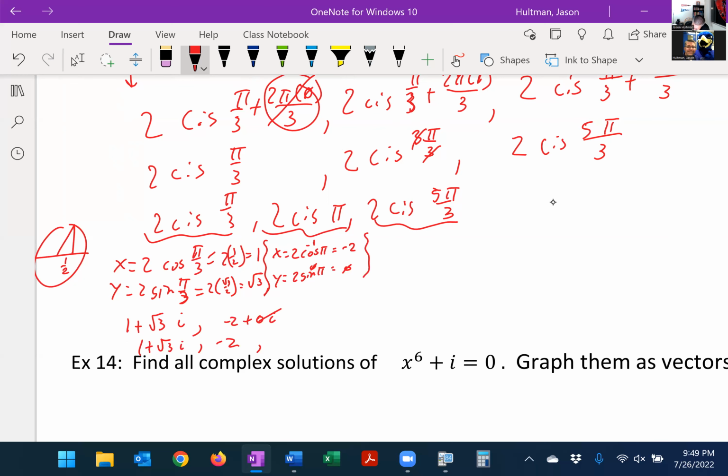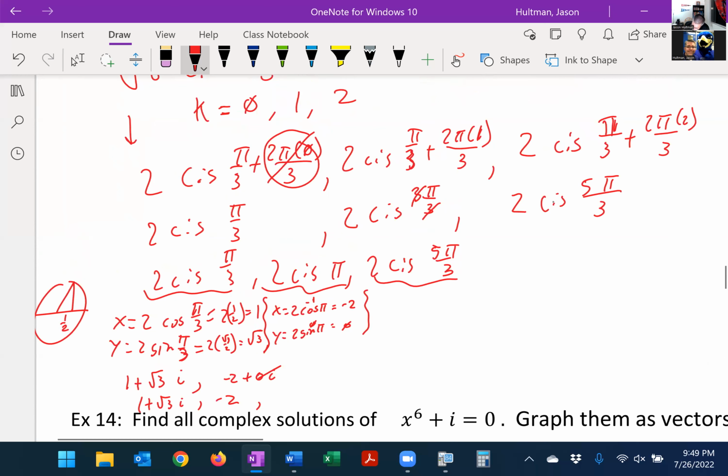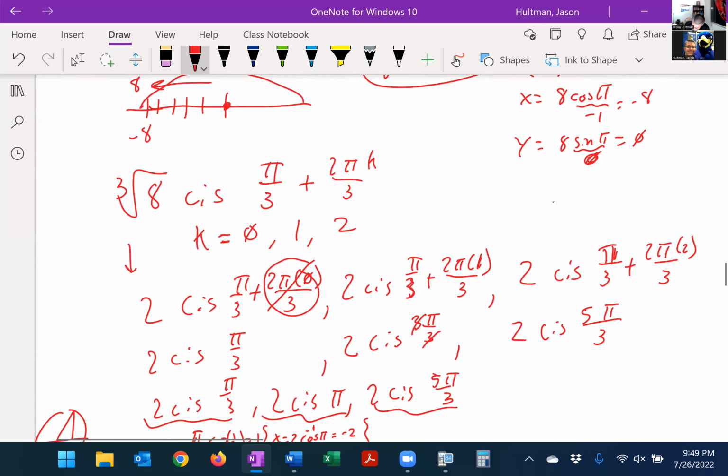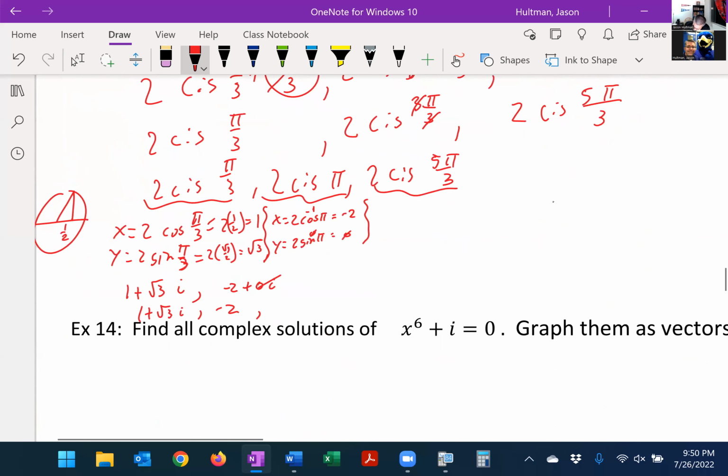Okay, 2 times CIS 5 pi over 3. So where is 5 pi over 3 located? Well, that's going to be just slightly smaller than 6 pi over 3, which is 2 pi.